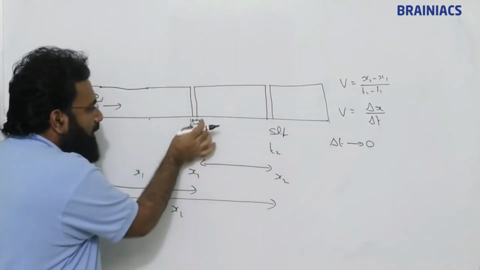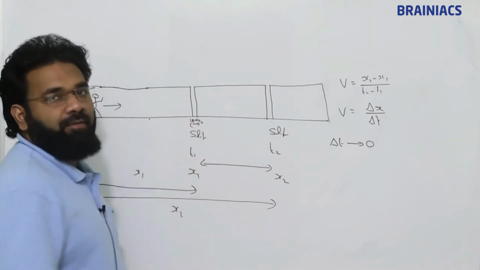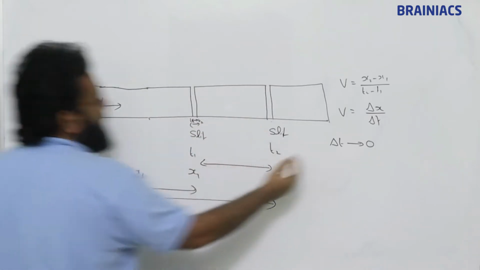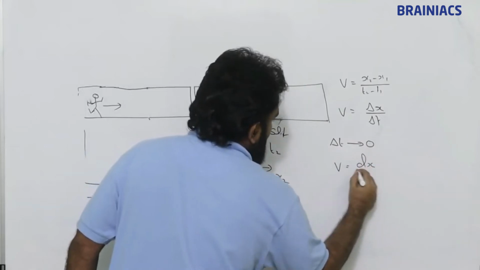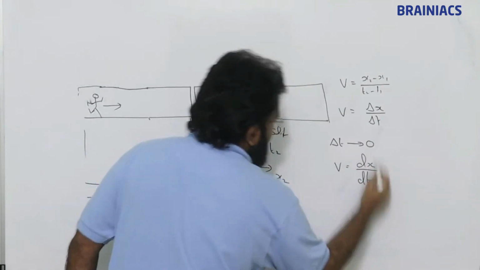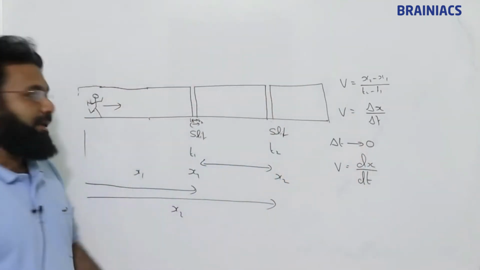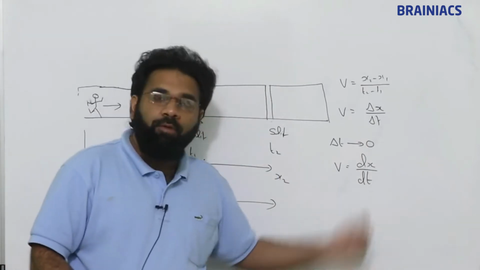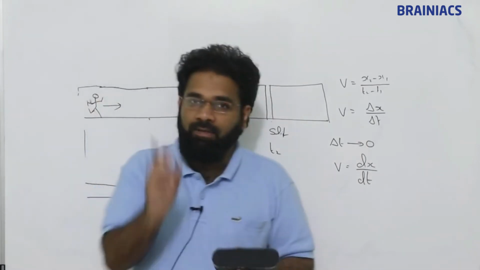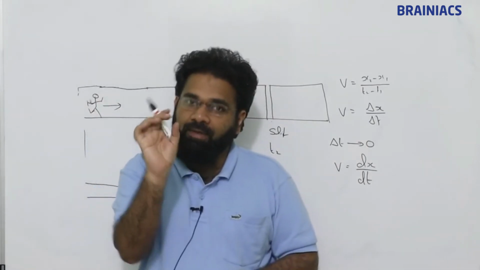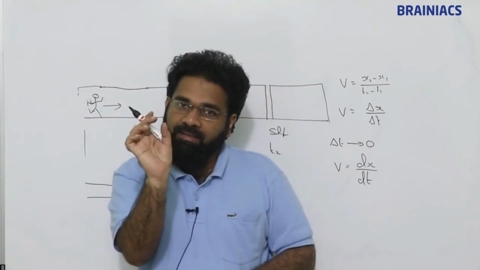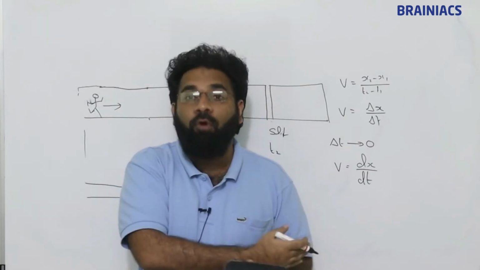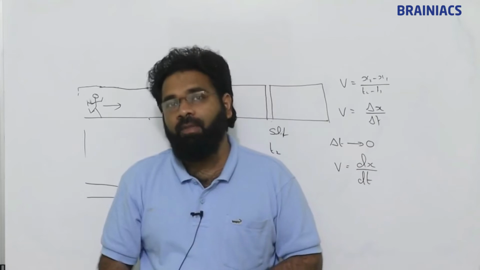So the small time duration we will take and we will calculate. So if delta T tends to 0, V is nothing but dx by dt. For this small time duration, as we have seen in the previous sessions, even if it is a curve, we will consider that as a straight line, and we apply the formulas of differentiation.